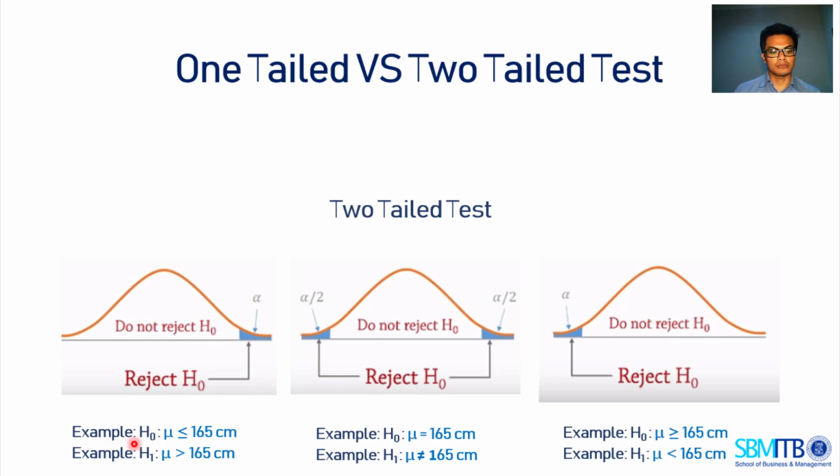For example, at this part, we state the null hypothesis as the mean height of the Indonesian citizen population is less than or equal to 165 centimeters, and the alternative hypothesis is that the mean height of Indonesian citizens is greater than 165 centimeters.